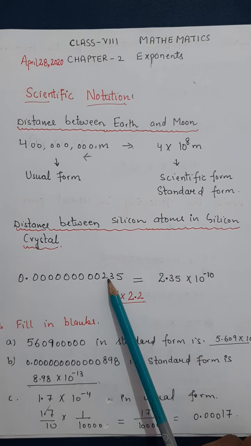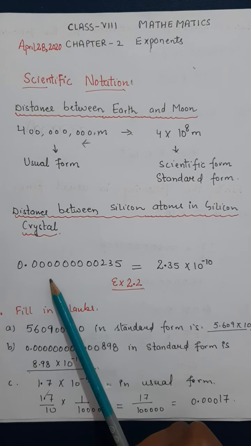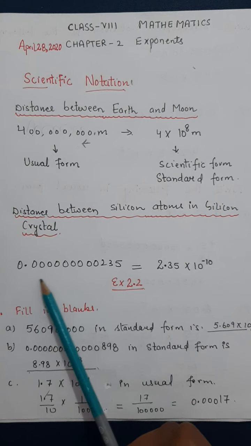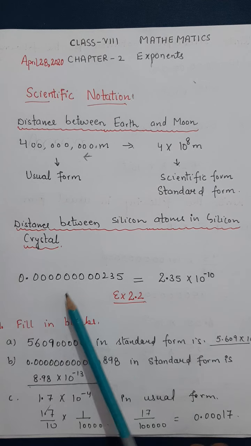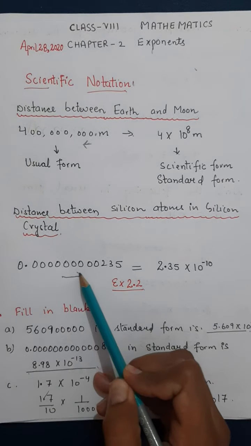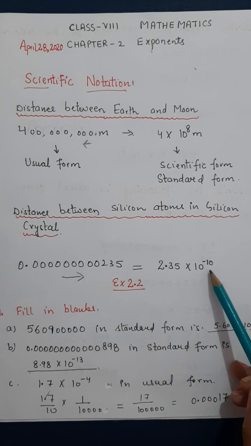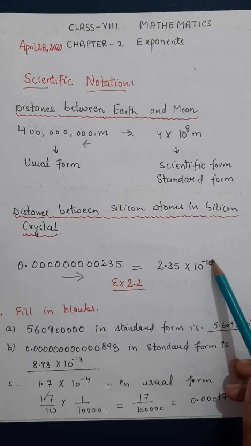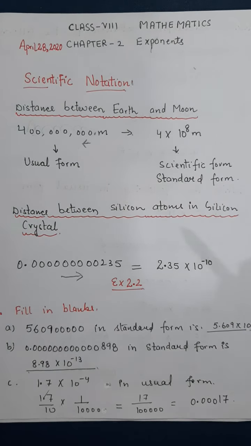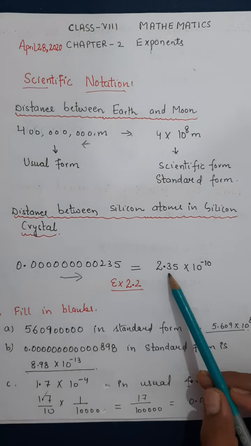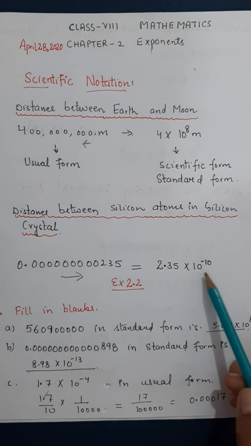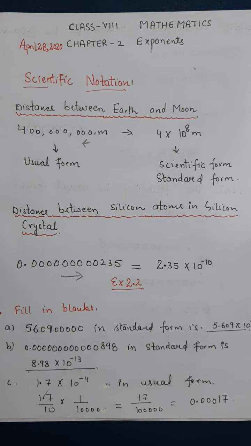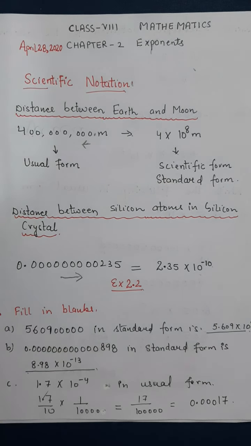So 10 jumps towards the right hand side, this side, so we are taking the power negative. The exponent will be negative. 2.35 into 10 raised to power minus 10. I hope it is clear to you.